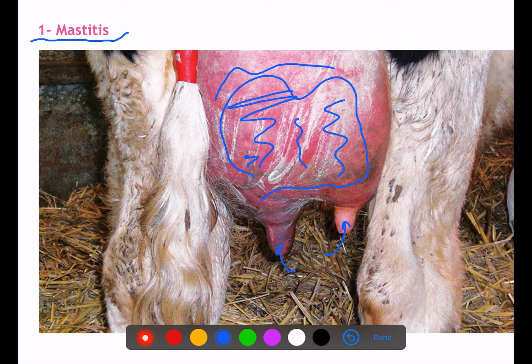As in chronic inflammation, it may lead to fibrosis of the mammary gland, and this causes loss of milk production. And as we know, if there are no teats, no milk, the cow becomes useless and the economic purpose will disappear.